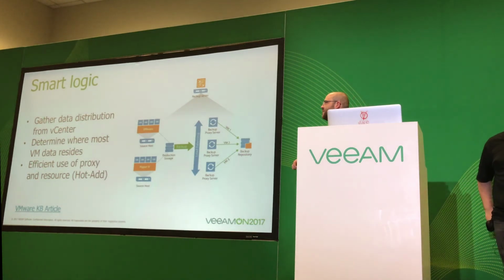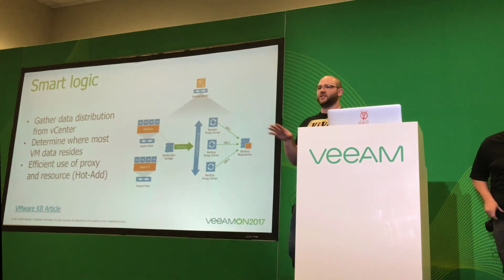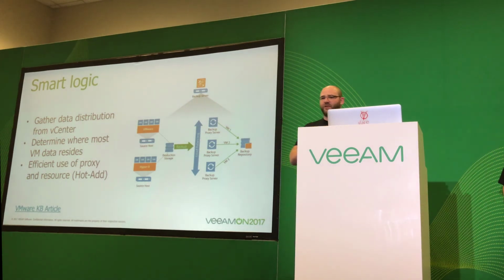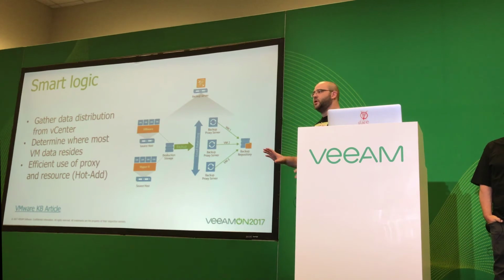So from a vSAN point of view, we've introduced something that's been pretty quiet and under the radar. I don't know why we haven't shouted about it more, because ultimately it's using that hot-add, that appliance mode, if you like. You've got a proxy on each of your ESXi servers, and you've got vSAN distributed across all of those hosts.